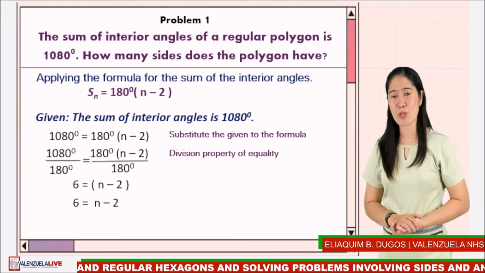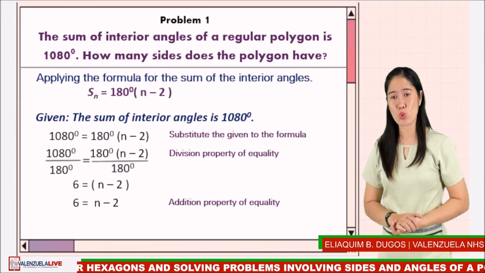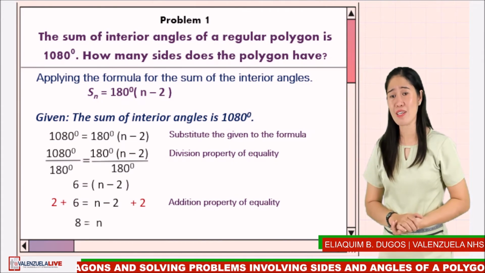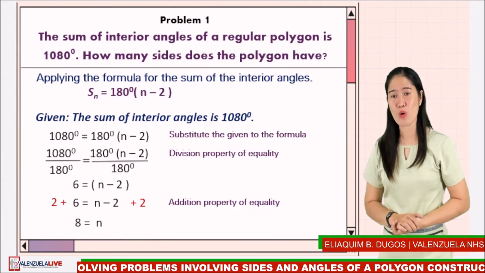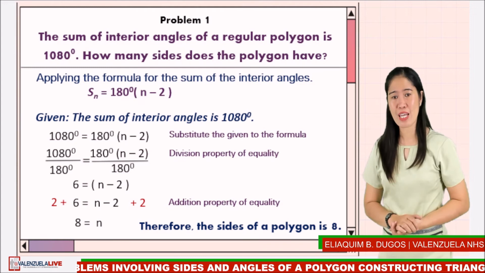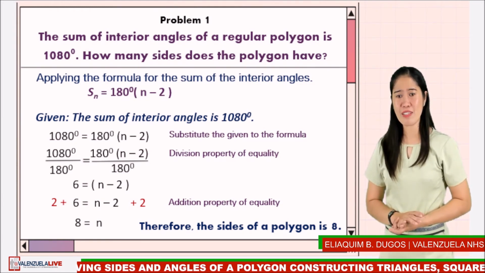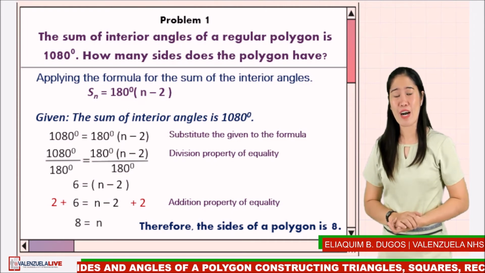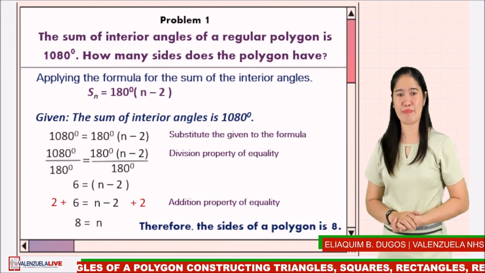Then, by the addition property of equality, we're going to add 2 to both sides. So, 2 plus 6 is equal to 8. And n minus 2 plus 2, we have n. Therefore, the number of sides of the polygon is 8. Since the polygon has 8 sides, the type of polygon is an octagon.